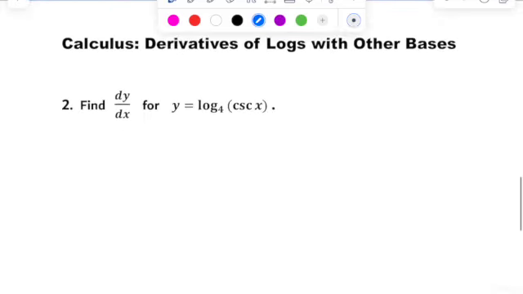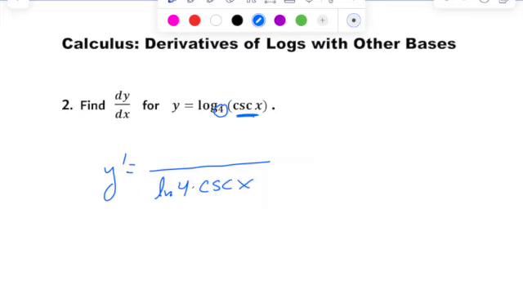Here's another one, just so you get the hang of it. Threw a little trig function in there. This one is base 4. So its derivative will be 1 over, that's base 4, so we'll just throw an ln of 4 in the basement here, if you like to think of it that way. And the derivative for ln of cosecant of x would be 1 over cosecant of x, and then multiplied by cosecant of x's derivative.